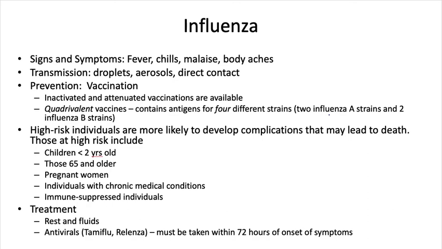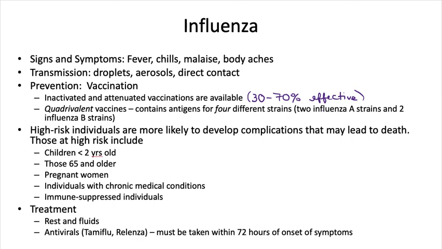Because of the rate of mutation, the vaccine is, in a good year, up to 70% effective. The effectiveness of the vaccines can be anywhere from 30% to 70%. But the more people that get vaccinated, the less likely it is to spread through the community. So herd immunity is really important.